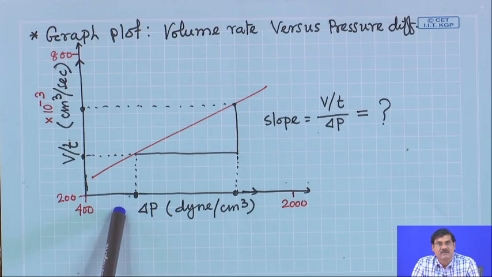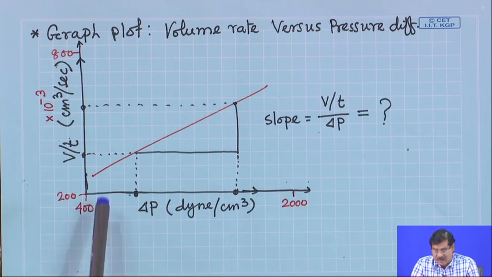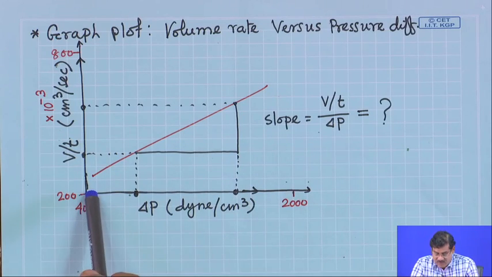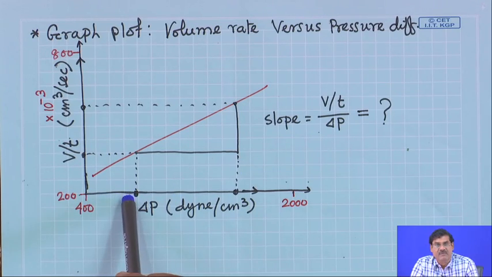That is why here you see that instead of 0 I have taken 400, and for the upper limit I have taken 2000. In between I have to scale 400, 500.